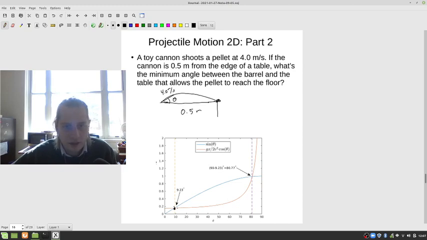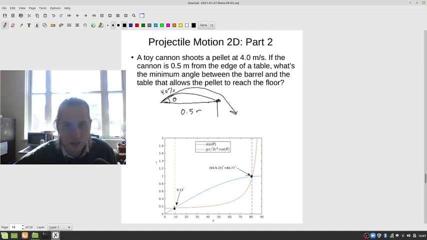But here, I worked out this problem earlier and stuck it into just a plotter. And you notice that the lowest angle that you could go and solve this problem is 9.23 degrees. Anywhere higher than that, between that and 80.77 degrees, you're in the range where you would shoot the ball and it would just go off of the table.